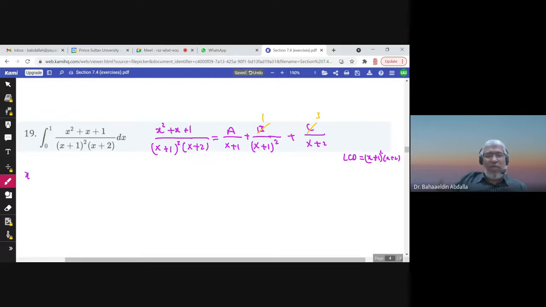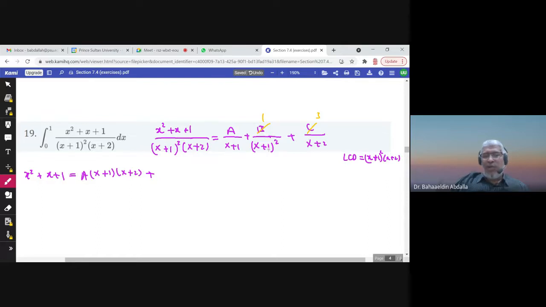So I'll have x squared plus x plus 1 equals a times x plus 1, because when I multiply by the LCD I'll have another x plus 1, and x plus 2, plus b, which is 1.